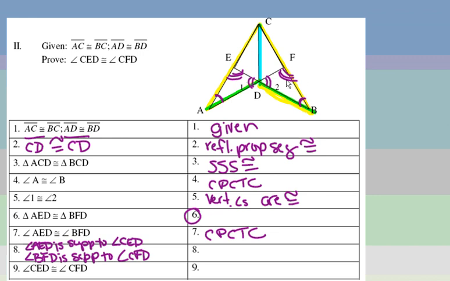All right, because these guys are a linear pair, so that is my linear pair postulate. All right, and that allows me to make this next statement.